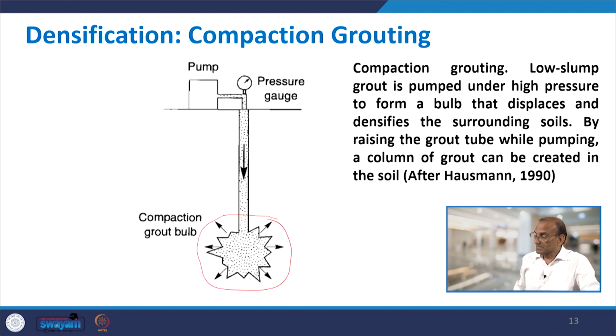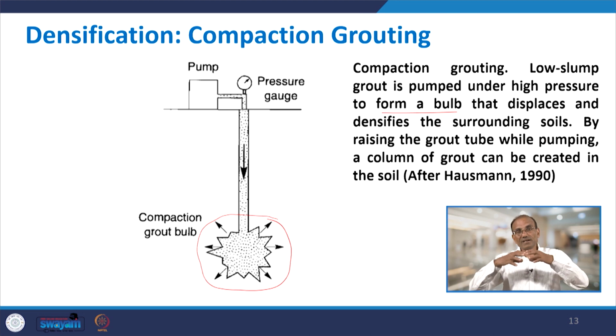If at some depth you have loose soil, it will automatically spread out and a grout bulb will be created. So, in compaction grouting, the low slump grout is pumped under high pressure to form a bulb that displaces and densifies the surrounding soils. So, it will displace, and after displacing the surrounding soil, it will densify also, by raising the grout tube while pumping.